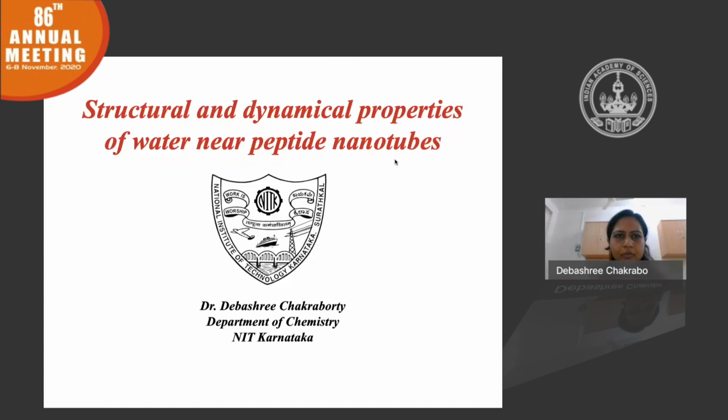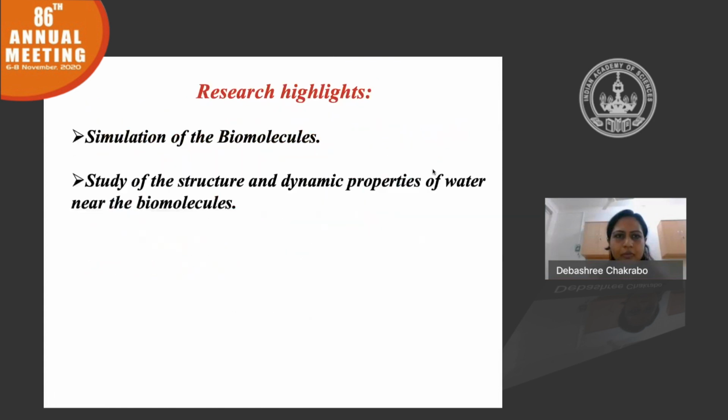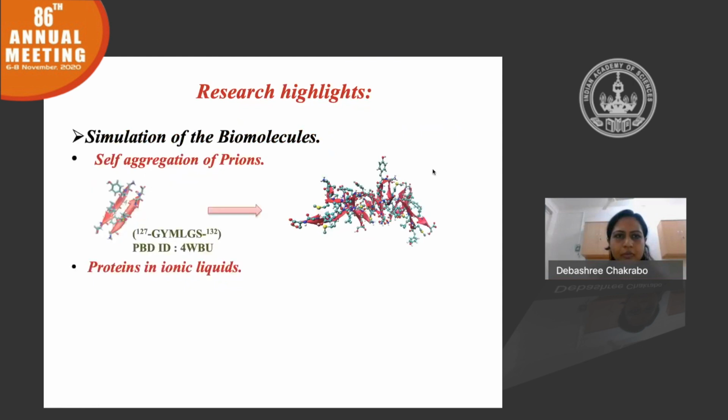But before I start my presentation, I would like to give a big overview of my research. Basically, I do simulations of biomolecules, like aggregation of prion peptides. Prion peptides are very important because this self-aggregation leads to many neurodegenerative diseases like Alzheimer's disease.